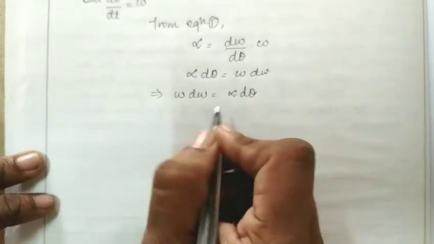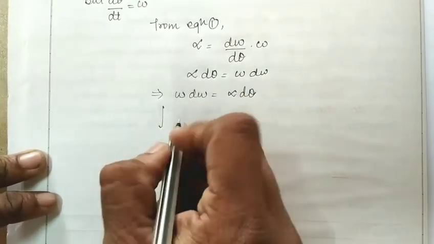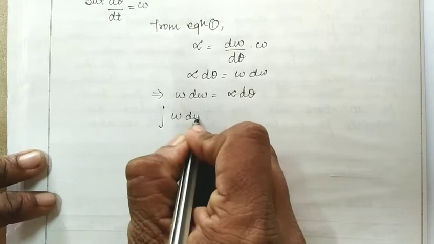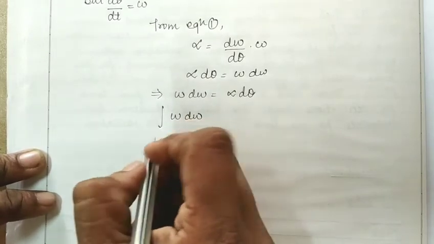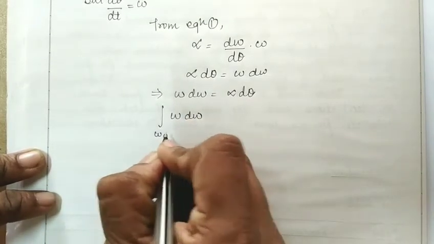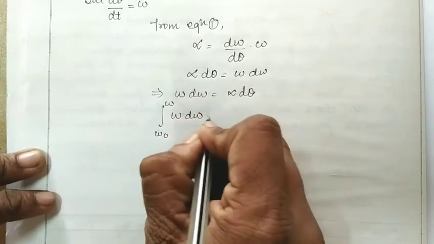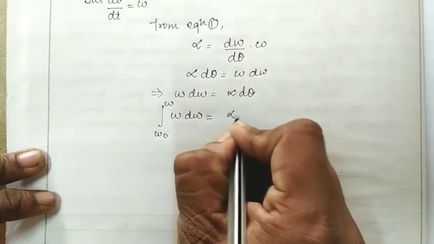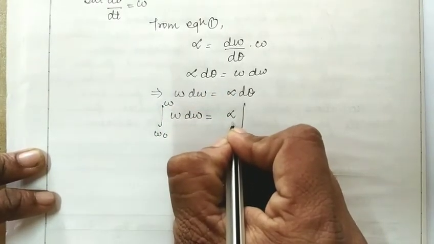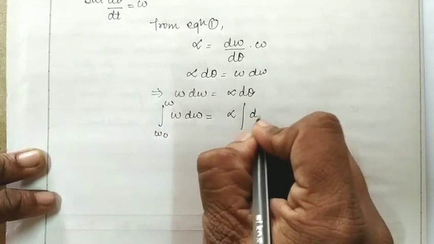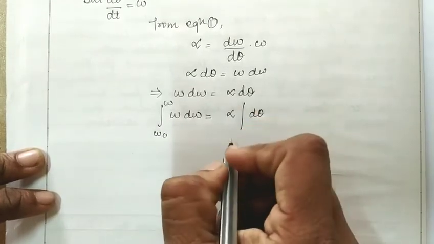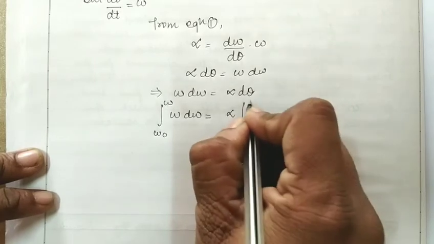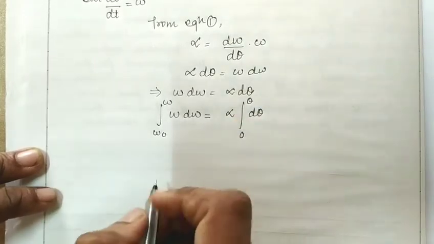Okay, so let's start for the whole journey. Omega d omega is integrated from omega naught to omega, equal to alpha, which is constant for the whole journey, and theta goes from 0 to theta. Now start the integration.